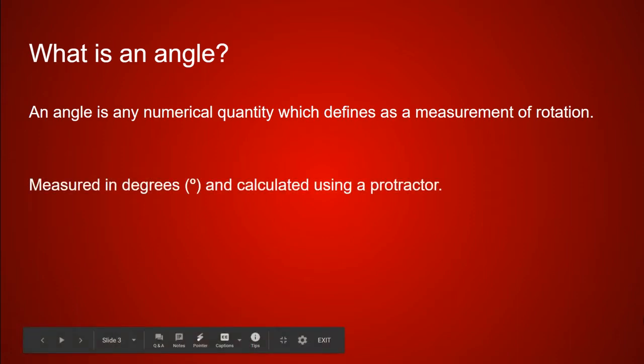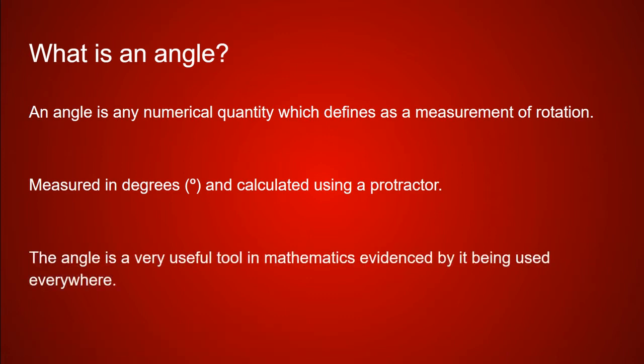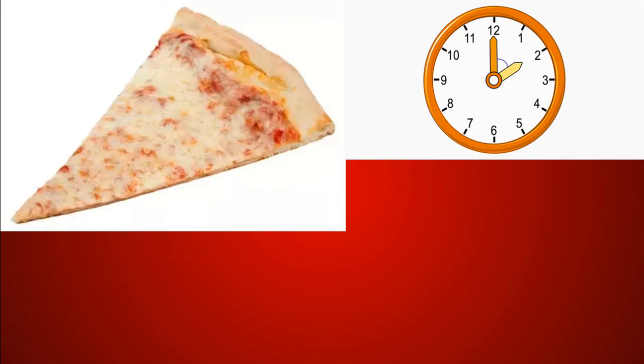Measured in degrees and calculated using a protractor, the angle is a very useful thing in mathematics, evidenced by it being used everywhere. For example, we have pizza slices. When you order a pizza, you order half a pizza, a full pizza, or a slice of pizza. Now those are different angles of pizzas. How is the angle connected to pizza?